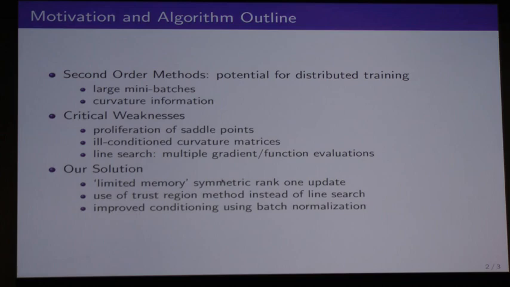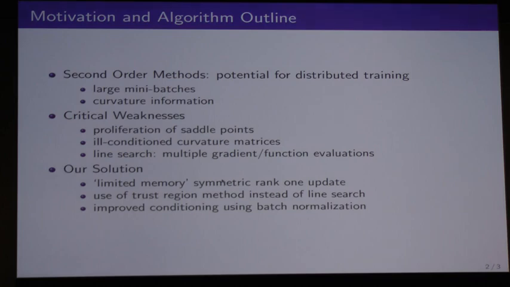So we tried to devise a solution to address these three issues, and what we came up with was a limited memory symmetric rank 1 update. Symmetric rank 1 update is one of the lesser known quasi-Newton methods, whose interesting property is that it uses an indefinite Hessian approximation, which gives it the possibility of being able to go downhill at a certain point.